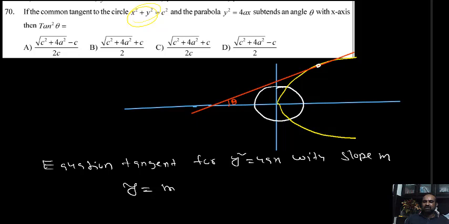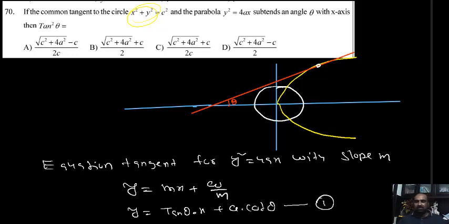Slope form, that is y equal to mx plus a by m. So instead of m, I can write tan theta: y equal to tan theta into x plus a by tan theta, that means a cot theta. This is the equation of the tangent. This is also a tangent for the circle. That I will write on the next page.